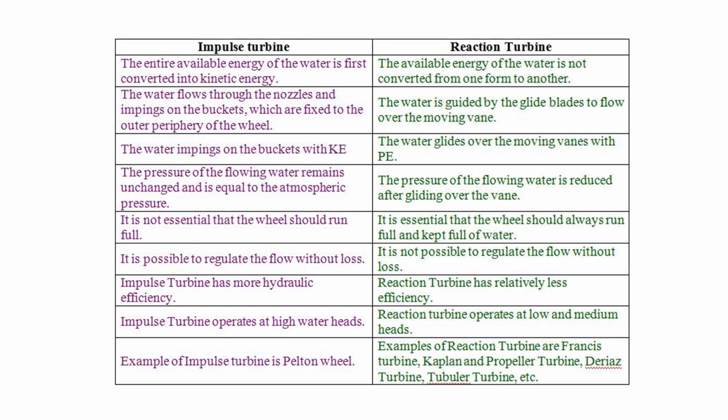The impulse turbine has more hydraulic efficiency, but the reaction turbine has relatively less. Impulse turbine operates at high water heads, whereas reaction turbine operates at medium and lower heads. Examples for impulse turbine: De Laval turbine, Pelton turbine, whereas for reaction turbine, Kaplan turbine and Francis turbine are the examples.